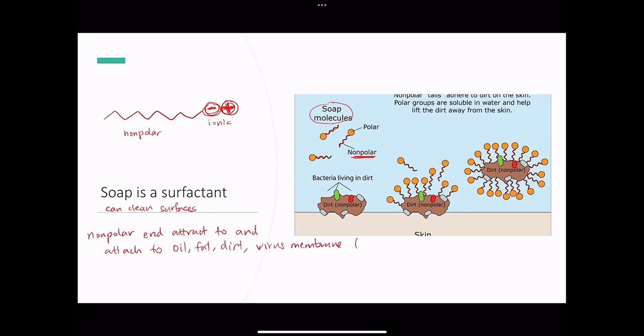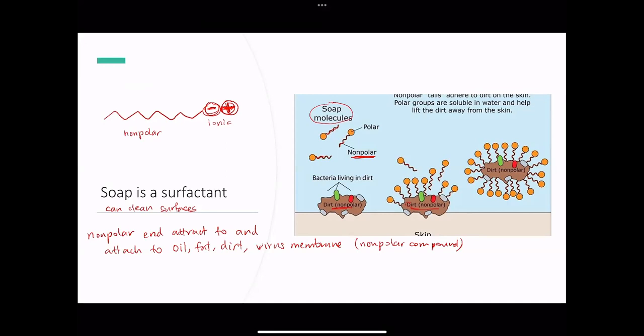Those are all nonpolar compounds. Okay, and so this is the example of dirt. So the nonpolar tail, the squiggly part, is all what's attracted to that dirt.